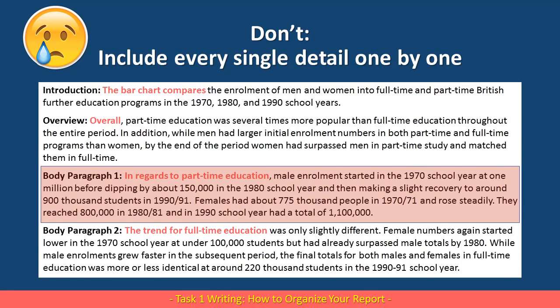For example, in the red highlight here, we have male enrollment started in 1970 at 1 million before dipping by about 150,000 in 1980 and then making a slight recovery to around 900,000 students in 1990, 1991. Females had about, okay, I'm not going to finish reading because I already know what it's going to say. It has all of the details from the graph. This isn't what you need to do. You need to highlight the main details, highlight the important details, and include these, okay?